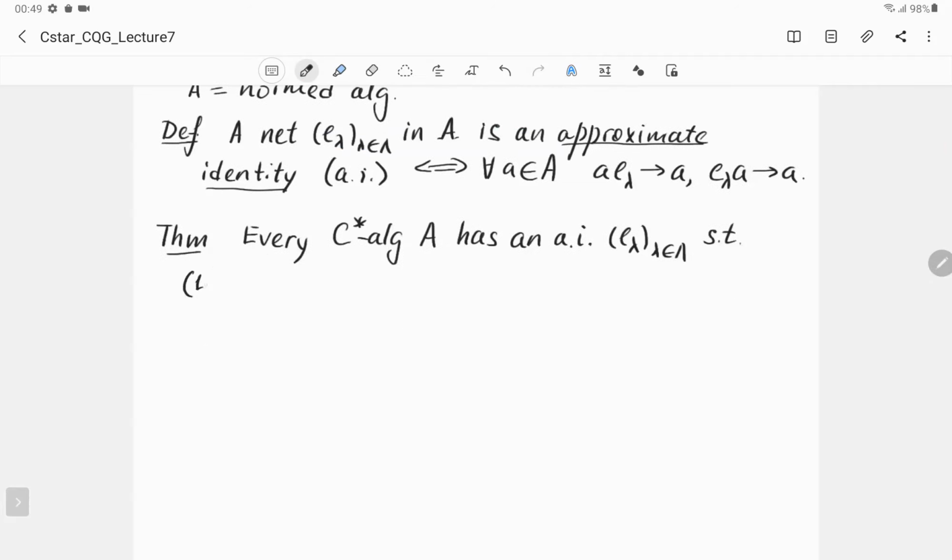First of all, let's denote this condition by AI1. Each element of this net sits between 0 and the identity of the unitization.